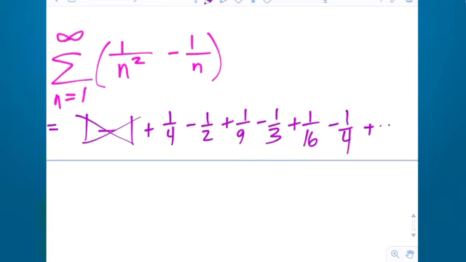If you think of this as two separate series, you have a convergent p-series minus a divergent harmonic series. What is finite minus infinite? Infinite. This is a divergent alternating series.